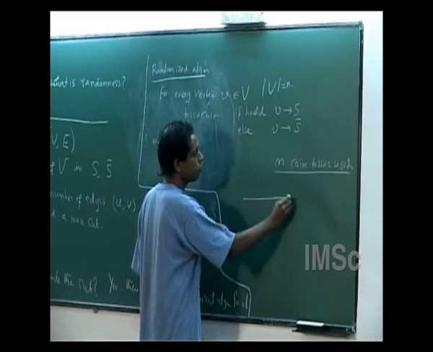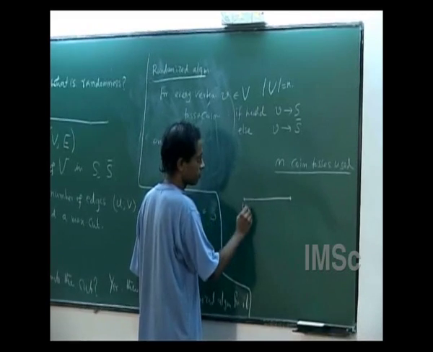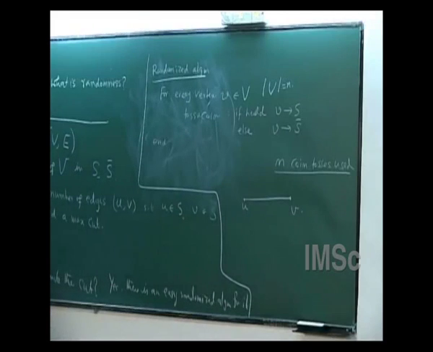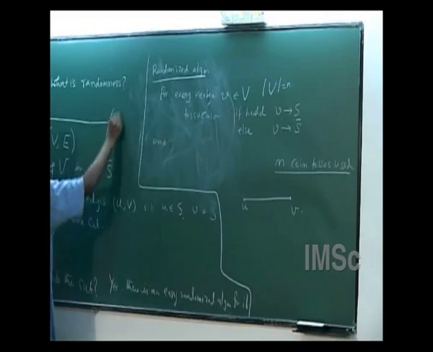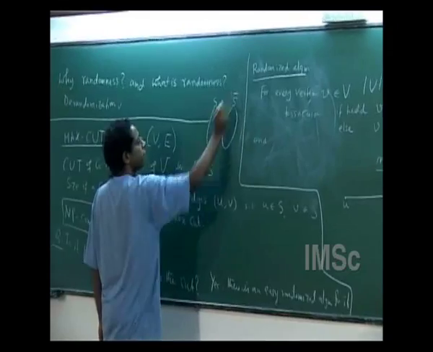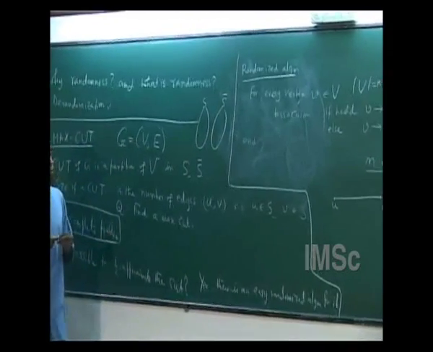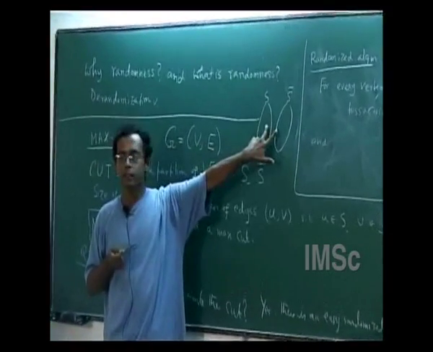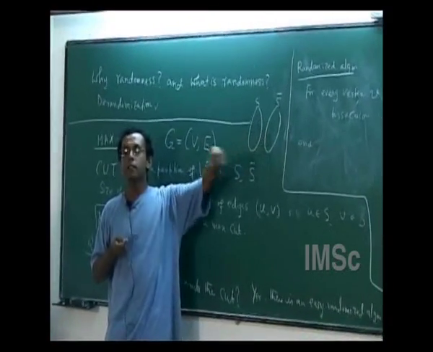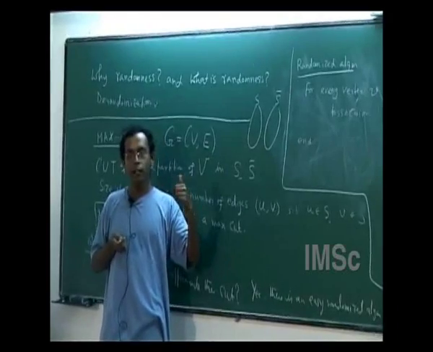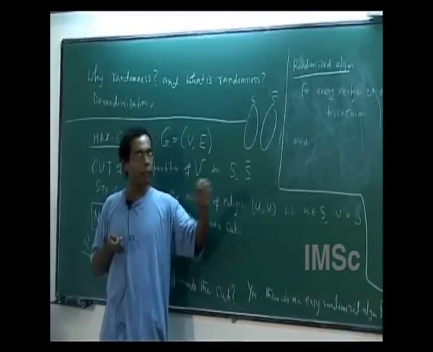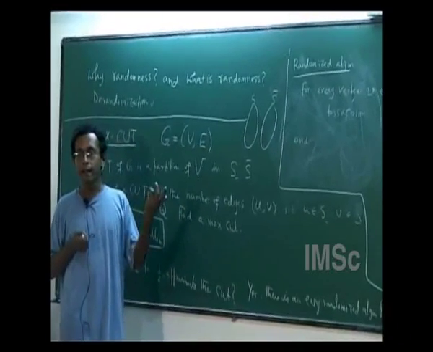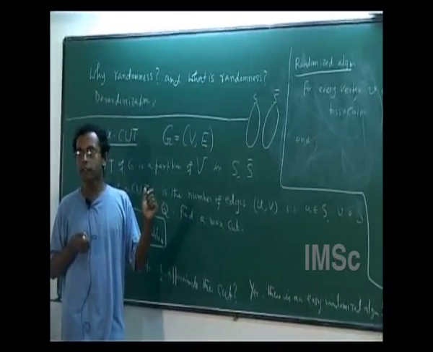Consider an edge UV and keep the picture in mind. When will that edge UV not be in the cut? Exactly. For both U and V, either head has appeared or tail has appeared. Then they will either go to this side or that side. What is the probability that you get head for both U and V?